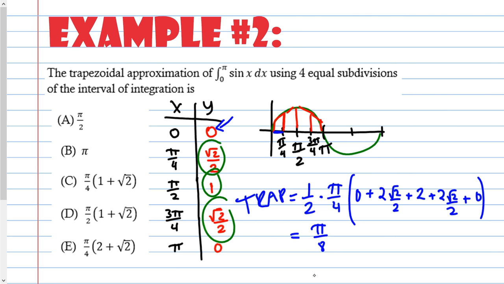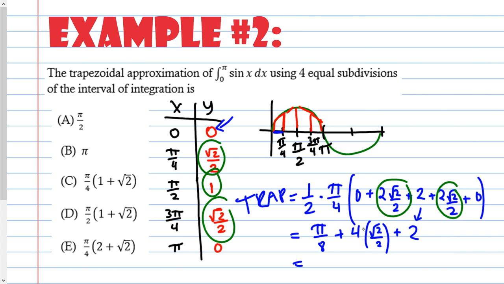And then if I look at this here, I have 2 square root of 2 over 2 plus 2 more square roots of 2 over 2 for a total of 4 square roots of 2 over 2. I change that to blue. Plus 4 square roots of 2 over 2. And then plus 2, right? Didn't forget about him. All right, so let's see.